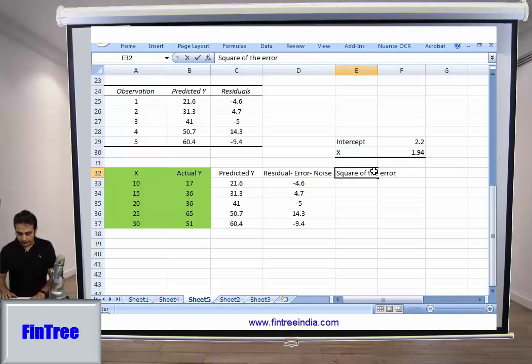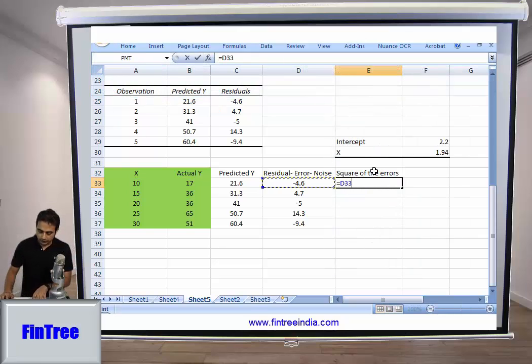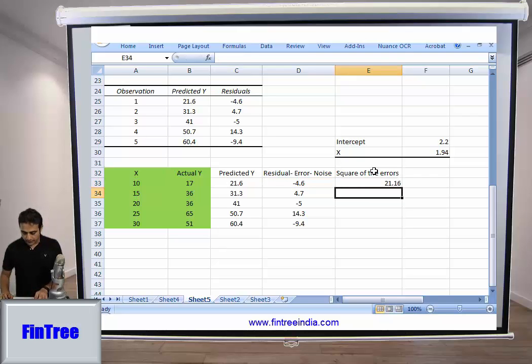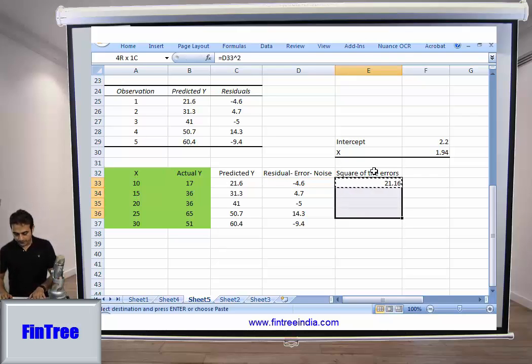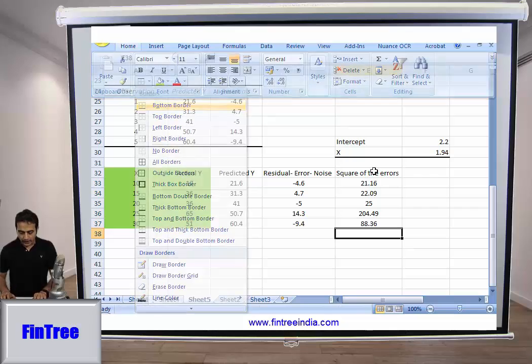Now what we will do is take the square of each of those errors. So we will say 4.6 raised to 2. I'm just going to take the squares, plot them here, and then add up all those.